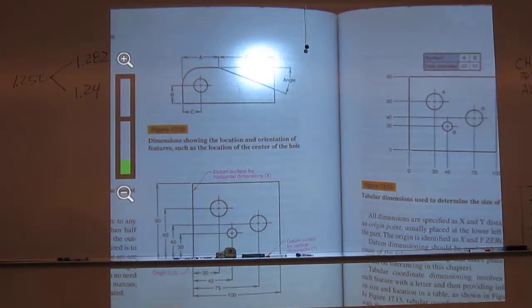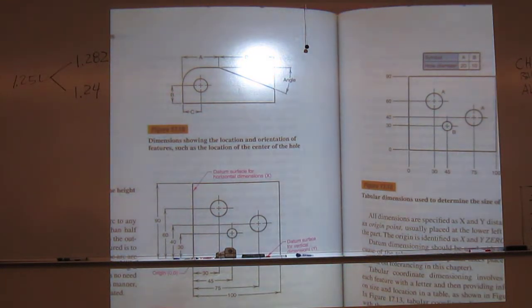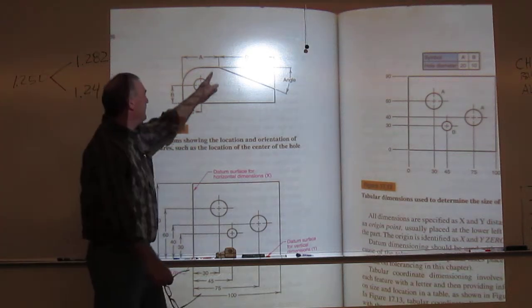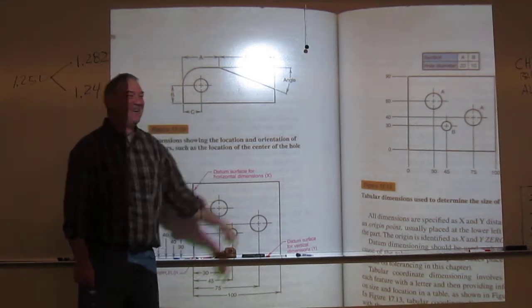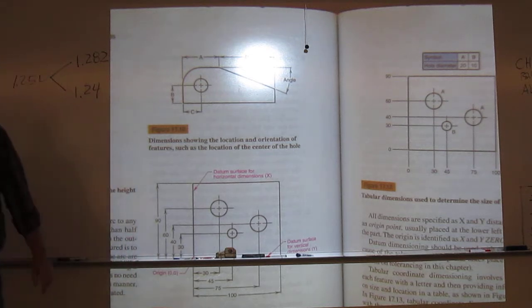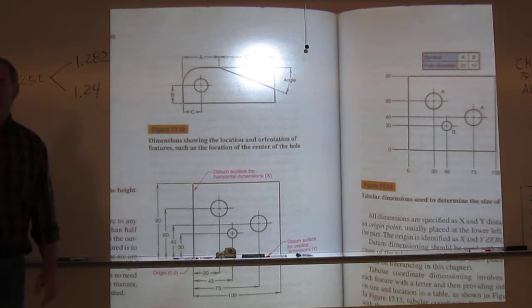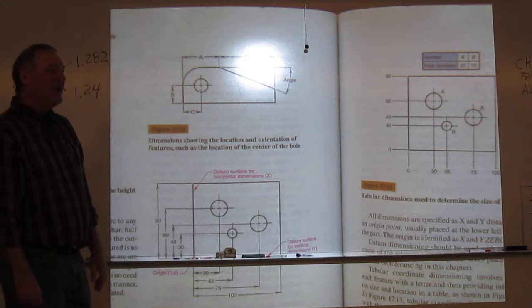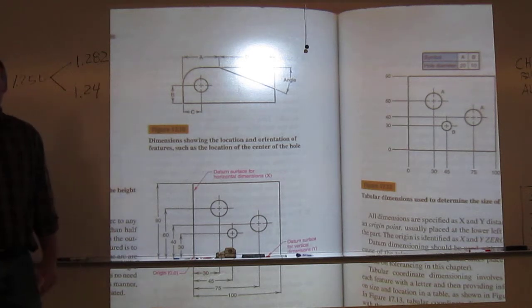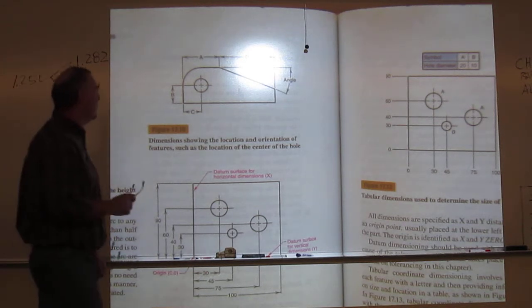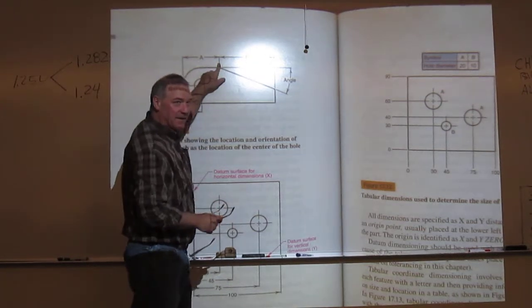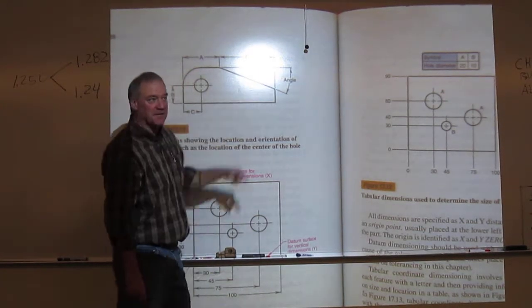So how do you do angles? Our old nemesis, maybe not anymore. What kind of plane do we have here? Inclined planes. They create angles, right? When you do angles, you can dimension them two ways. You can do them with a length of the triangle and the angle. That is ANSI approved.